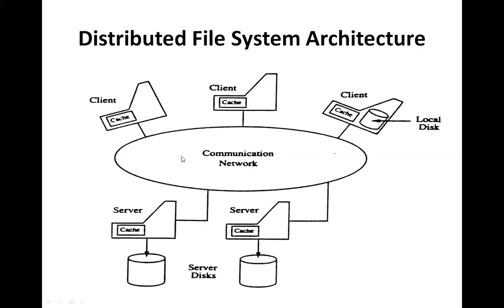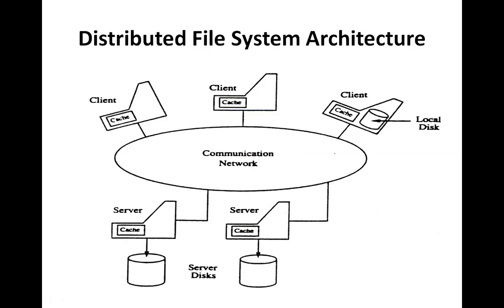So normally, for getting higher performance, we have several machines which are known as file servers, which are dedicated to storing files and performing the storage as well as retrieval operations.